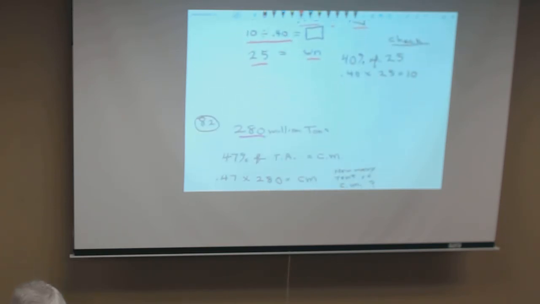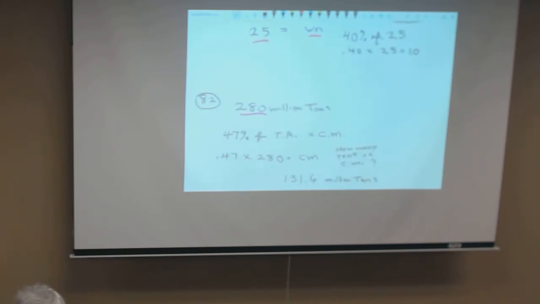Number 82. I've got 280 million tons of pollutants released into the air, and 47% of this amount is carbon monoxide. 47% of what amount?